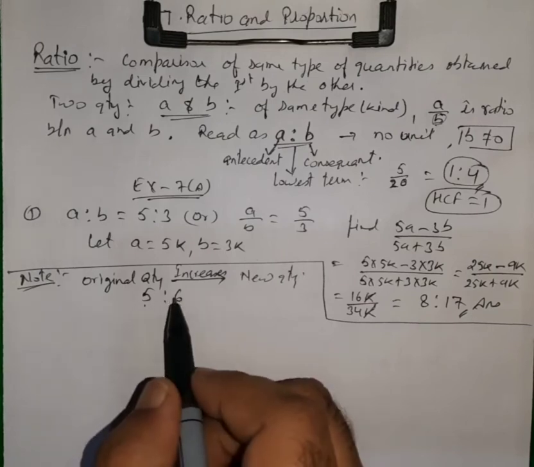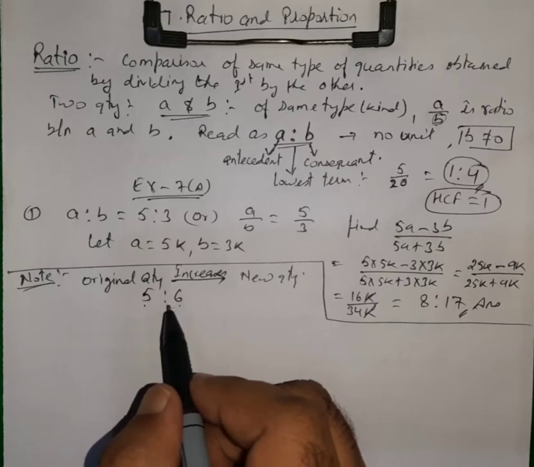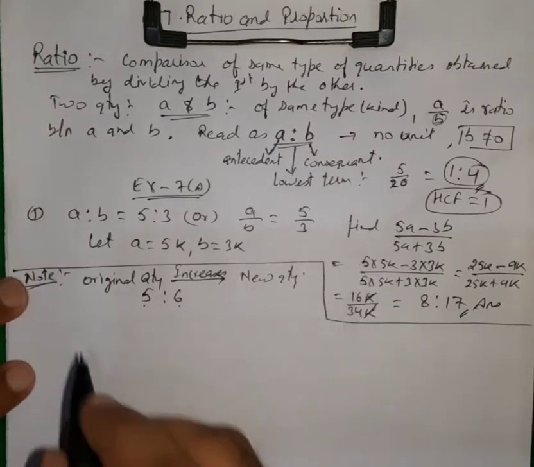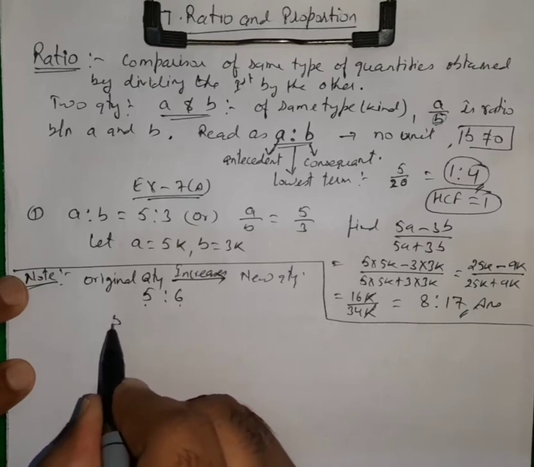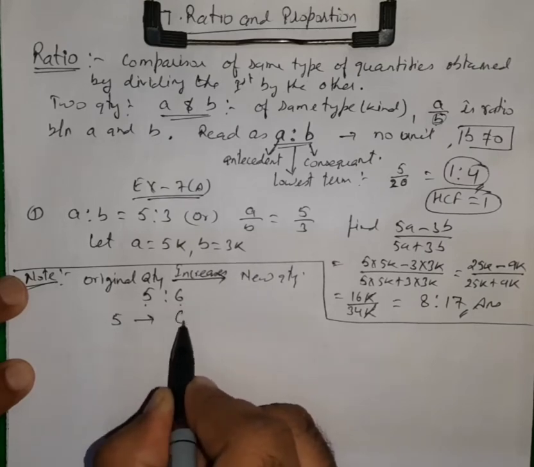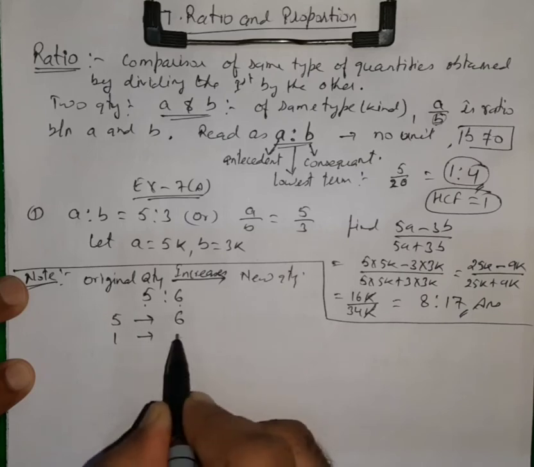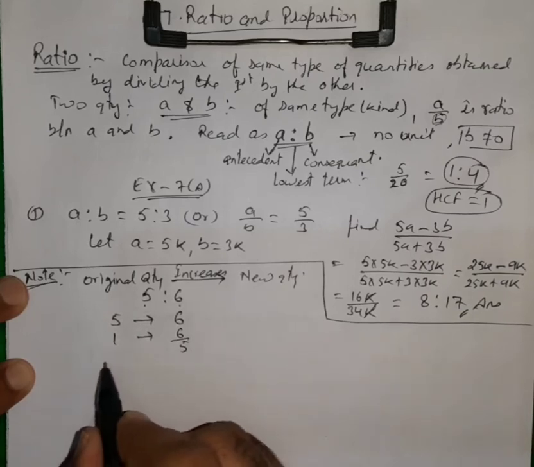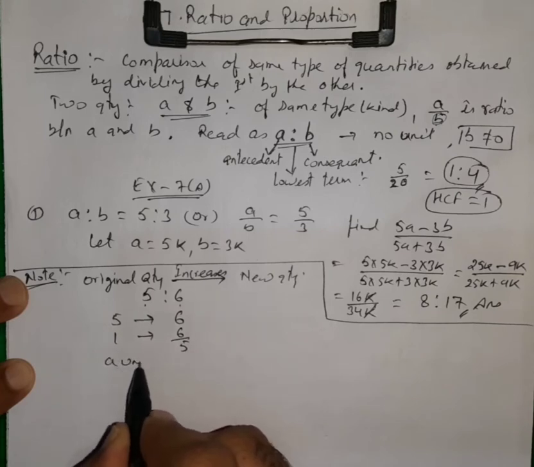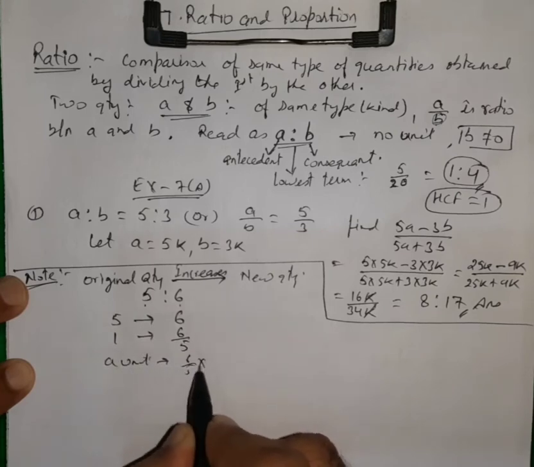Using the unitary method, 5 changes to 6, then 1 unit will change to 6/5, so a units will be equal to 6/5 multiply a.